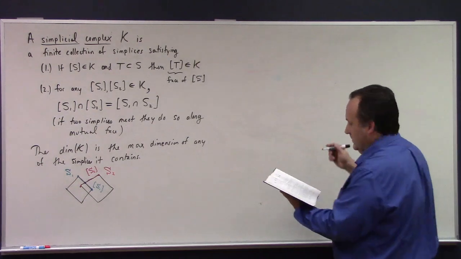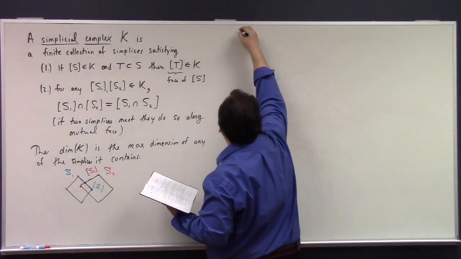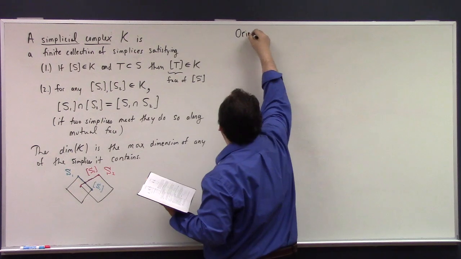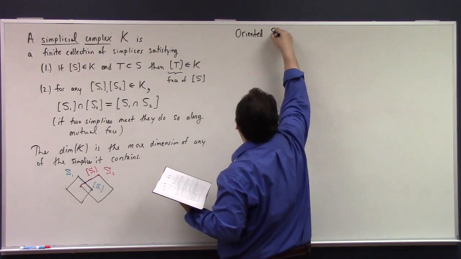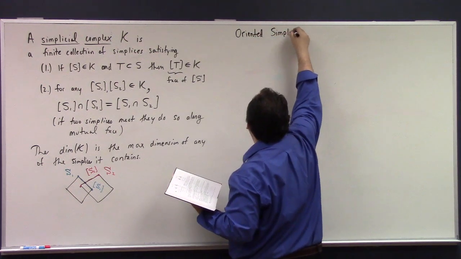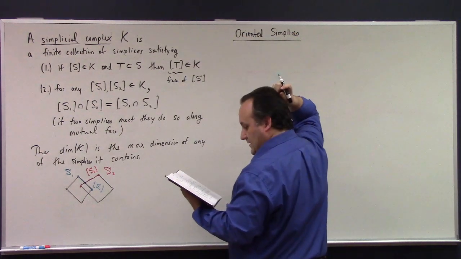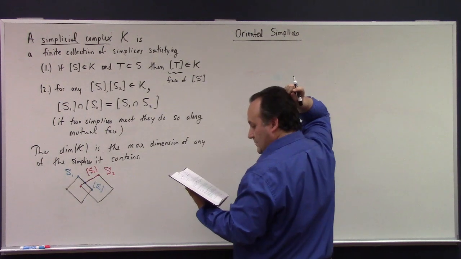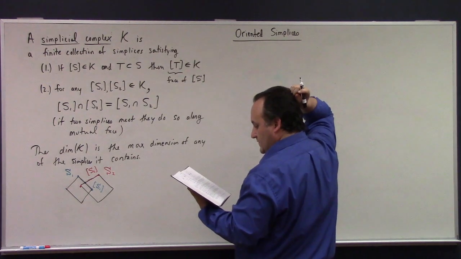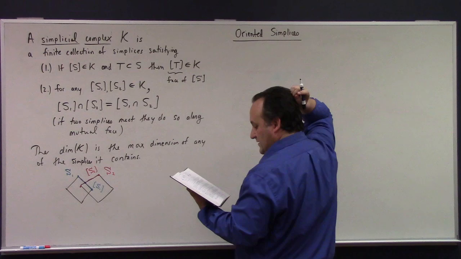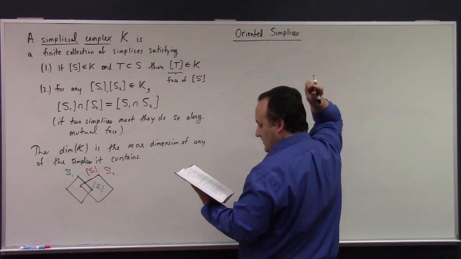So oriented simplices is our next move. It's useful to assign an orientation to a simplicial complex.